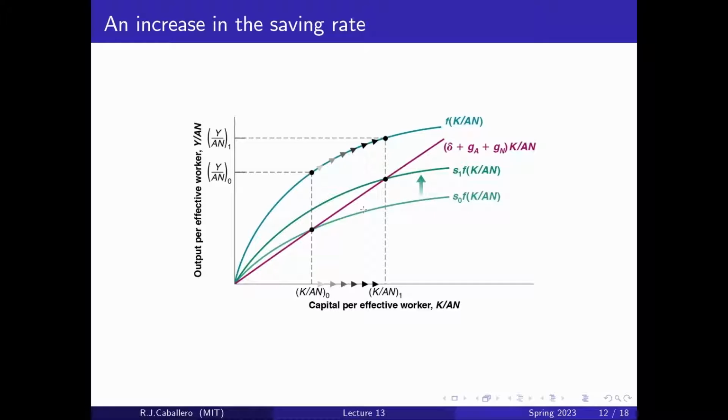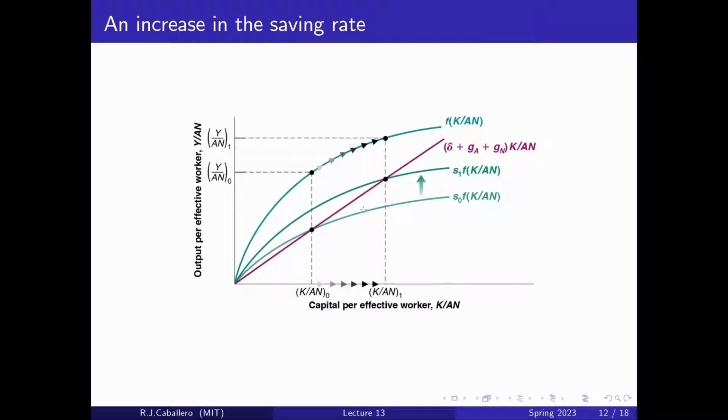It means that at the initial steady state, we now have more saving and therefore more investment than we need to maintain the stock of capital per effective worker constant, which means we're going to get transitional growth. Capital per effective worker will start growing for a while, and as that happens, output per effective worker will also start growing.